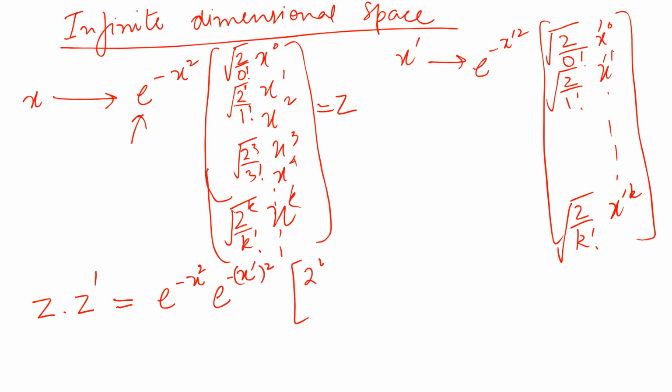So I'll have 2 to the 0, 0 factorial, x and x prime to the 0, and then 2 to the 1, 1 factorial, x and x prime, right? This is just x and x prime.